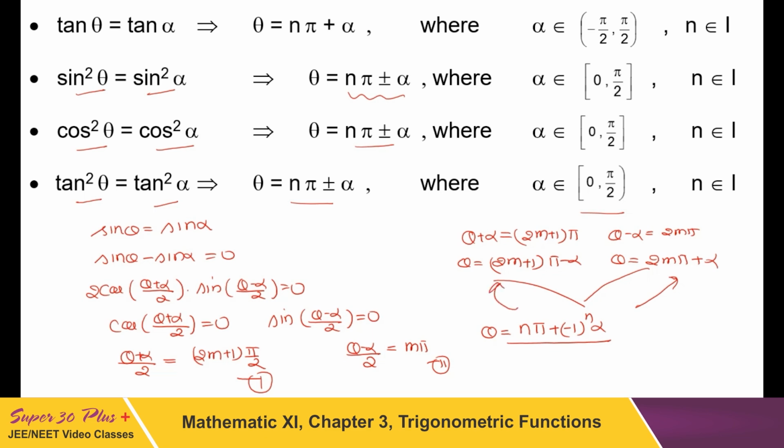That's why this is the general solution of the trigonometric equation sin theta is equal to sin alpha. Then theta is equal to n pi plus minus 1 to power n alpha, where alpha lies between minus pi by 2 to pi by 2. Similarly, we can obtain the solutions of cos theta is equal to cos alpha and tan theta is equal to tan alpha, and all other formulas or solutions of the trigonometric equations.